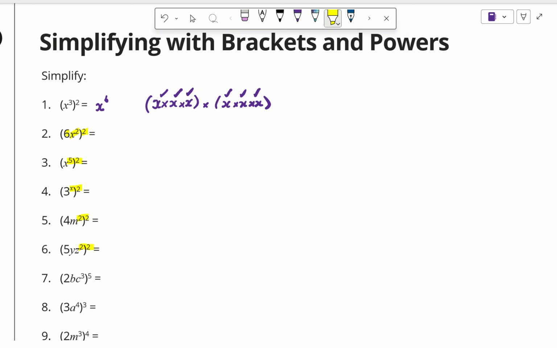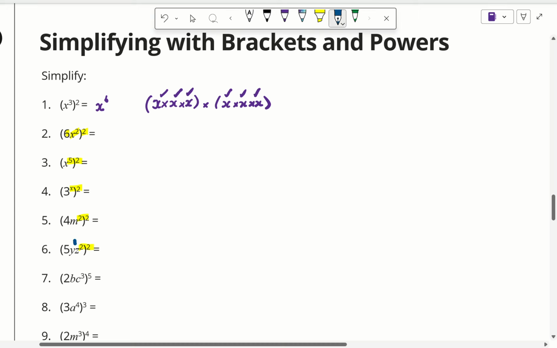But what we have to do as well is write a 1 here. Well, that's a little bit too big.